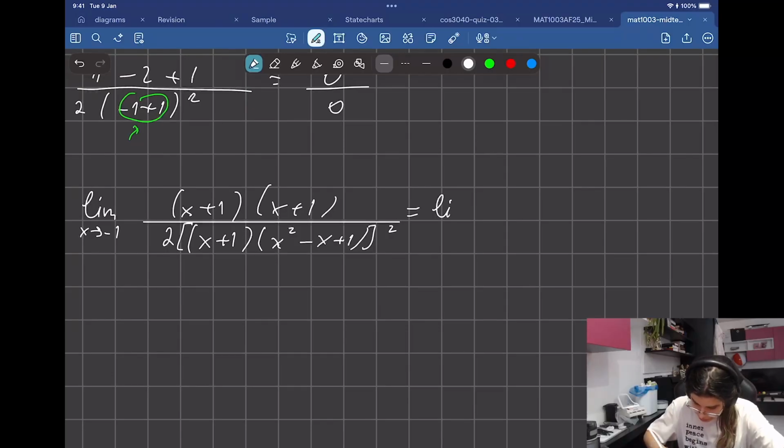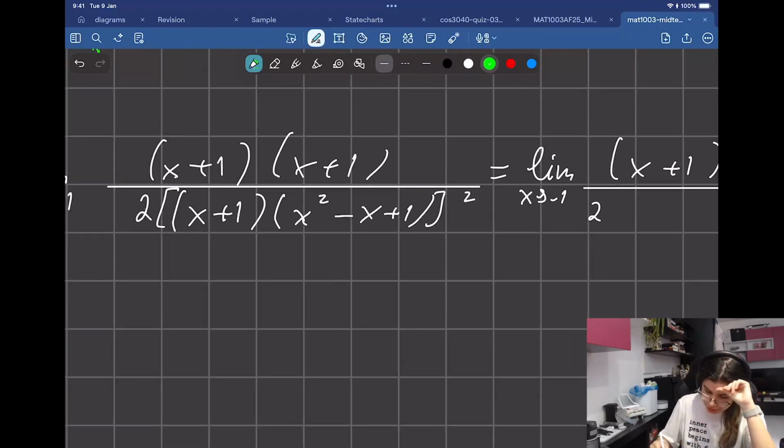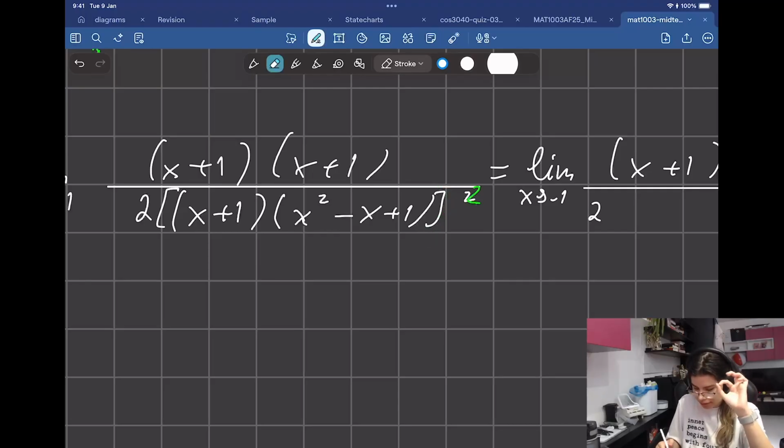So I have limit as x approaches minus 1 of x plus 1 times, or actually I'll just write it squared this time, I think it's more convenient, over 2 times. And now, whenever you have two things multiplied and then the entire thing is squared, that's the same as just squaring each of them separately, right?